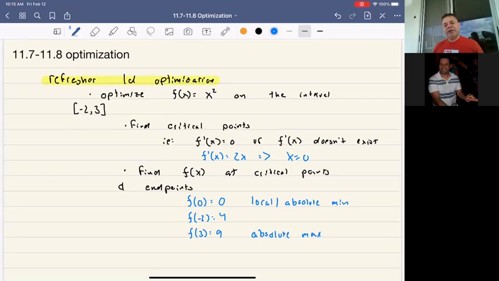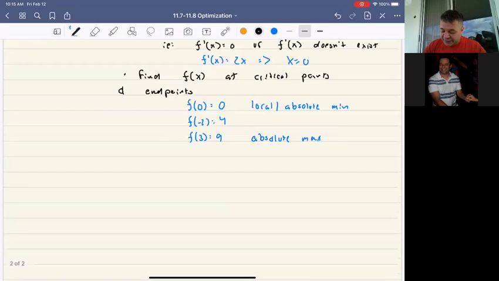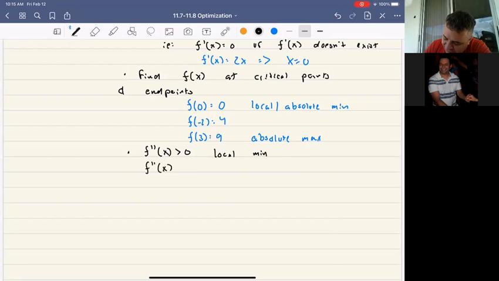But one of the other things is that we also have, we actually don't need it here, but we can also have f double prime of x. If f double prime of x is bigger than 0, we have a local min. F double prime of x less than 0, we have a local max.